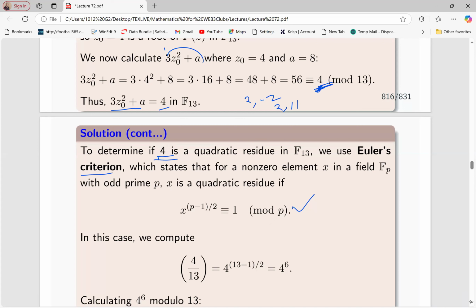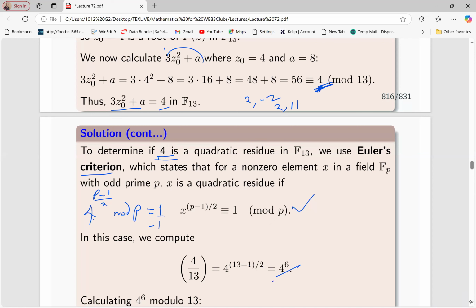After you found this, determine whether your answer has a square root using Euler's criterion. What Euler's criterion says is that 4 raised to (p minus 1) divided by 2 mod p, if it's 1, then it means 4 has a square root. If it's negative 1, it means 4 has no square root. Our p is 13. 13 minus 1 is 12. Divided by 2, you have 6.